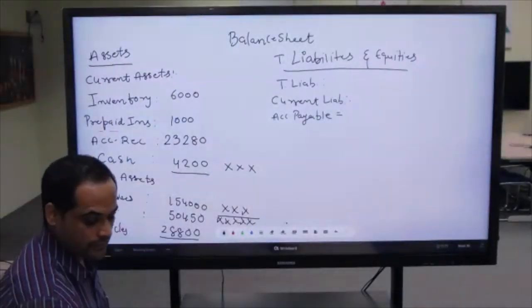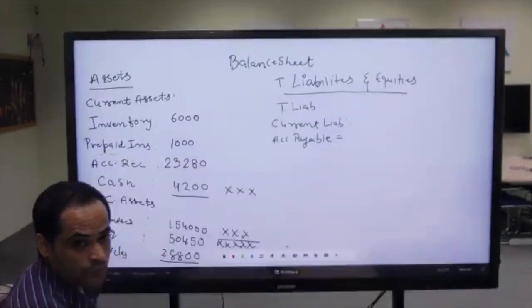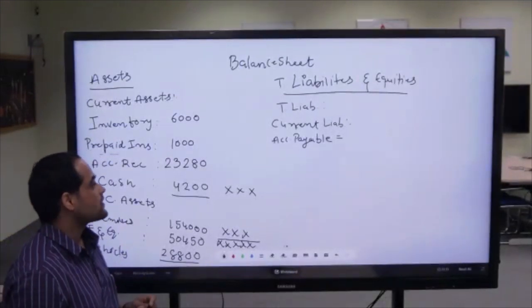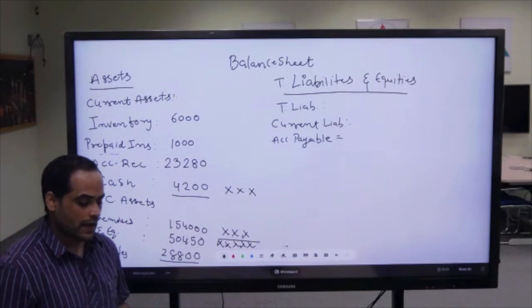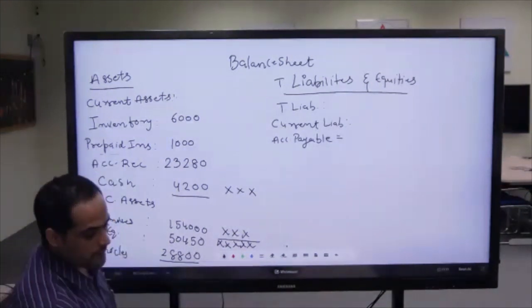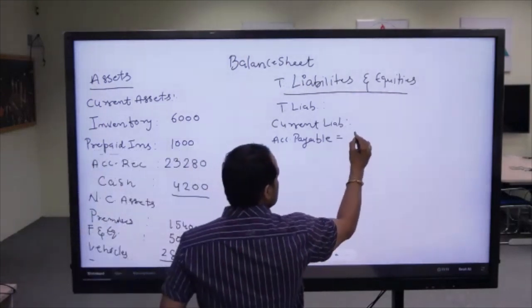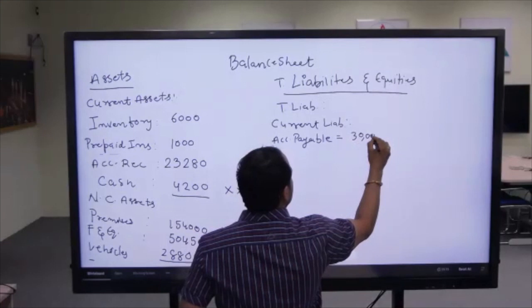How much is your accounts payable? Accounts payable is 30,000. That's right. Accounts payable is 30,000.